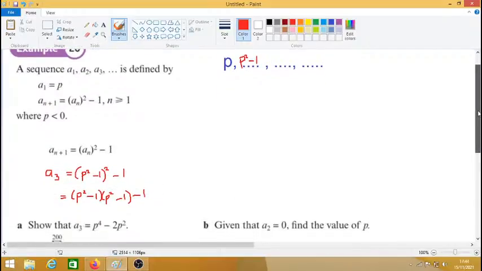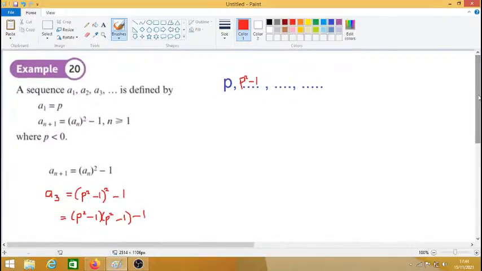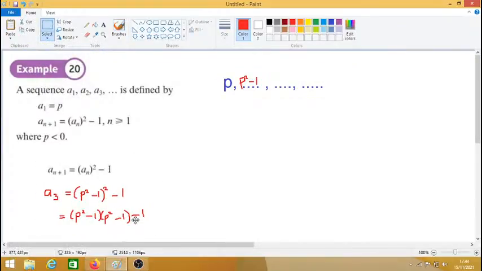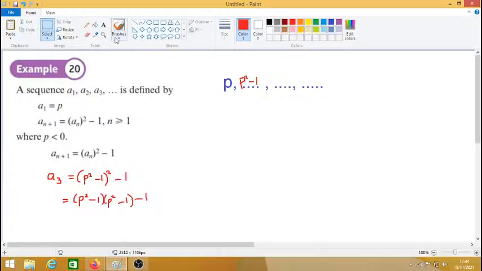So when we expand that out, hopefully you've done it by now, we get p to the power 4, take away 2p squared, that's the p squared minus p squared, I've just simplified that in my head, plus the 1, then minus the 1.